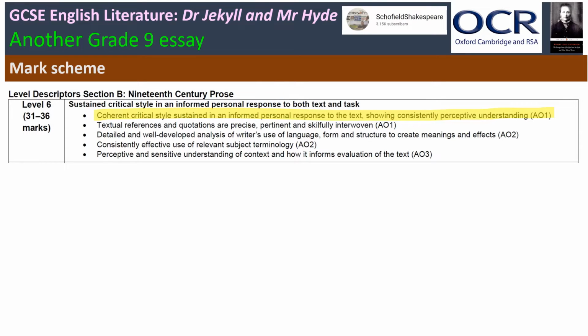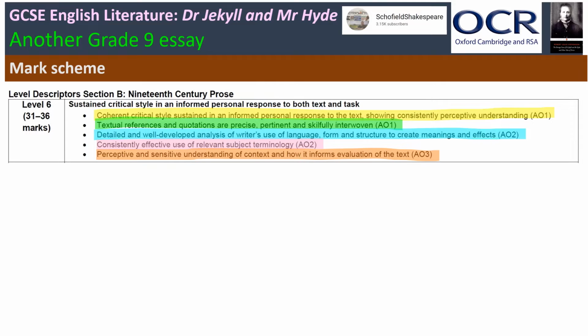Outstanding understanding of the text, formal, accurate, engaging writing which focuses sharply on the question. Plenty of relevant, deliciously precise, embedded quotations. Probing of quotations, the language, form and structure. Subject terminology used accurately.